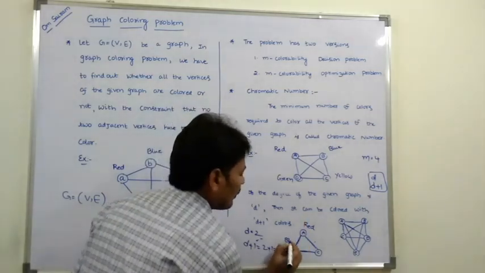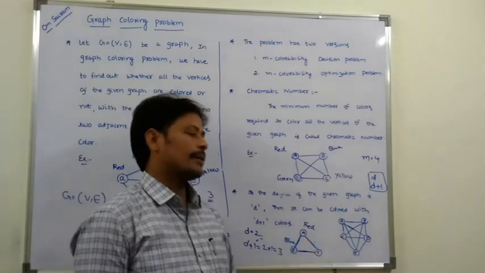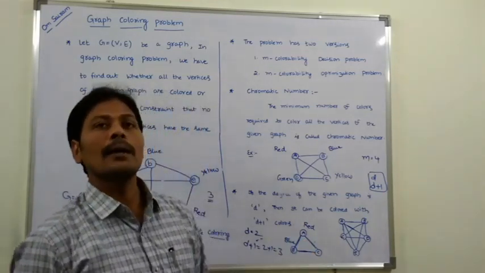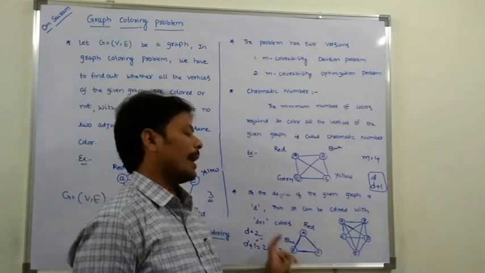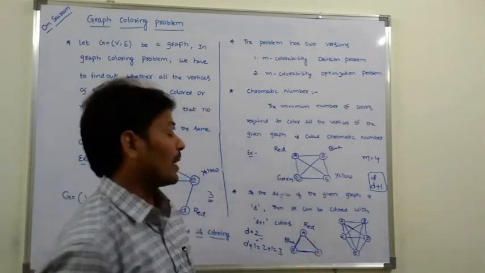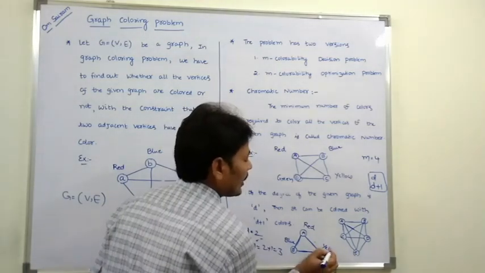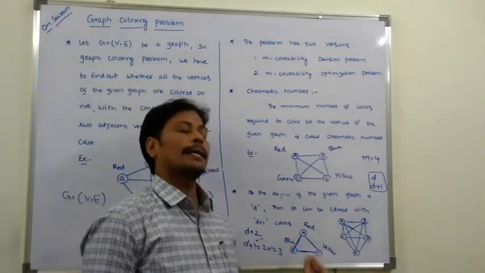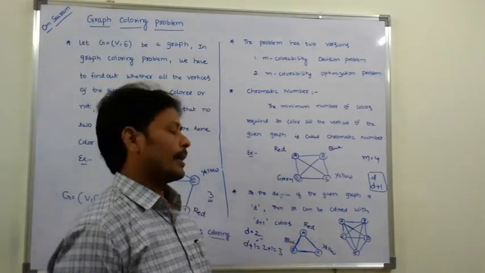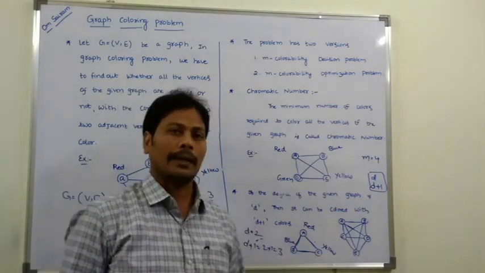Next, we are using the blue color for vertex B. Vertex A and vertex C do not use the same color, because A and C are adjacent to vertex B. Next, for vertex C, we are using yellow color. Vertex A and vertex B are adjacent to vertex C, so these two vertices do not use the same color.